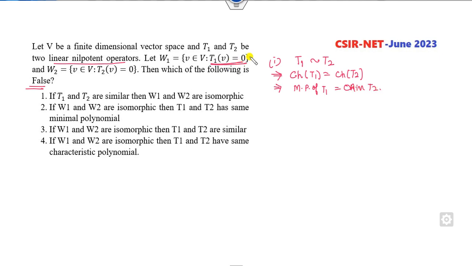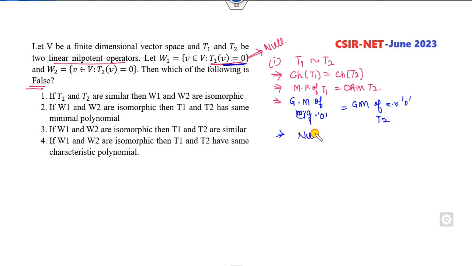Now, minimal polynomial always represents the geometric multiplicity of the eigenvalue. What is the eigenvalue of this? It is 0. So it means geometric multiplicity of the eigenvalue 0 in T1 and T2 is the same.